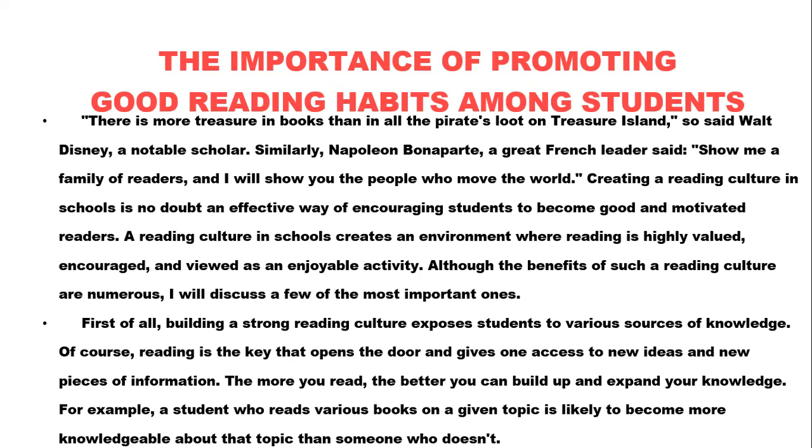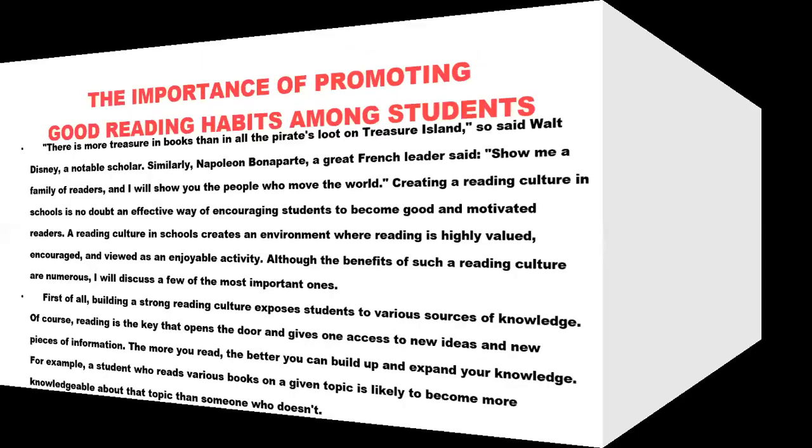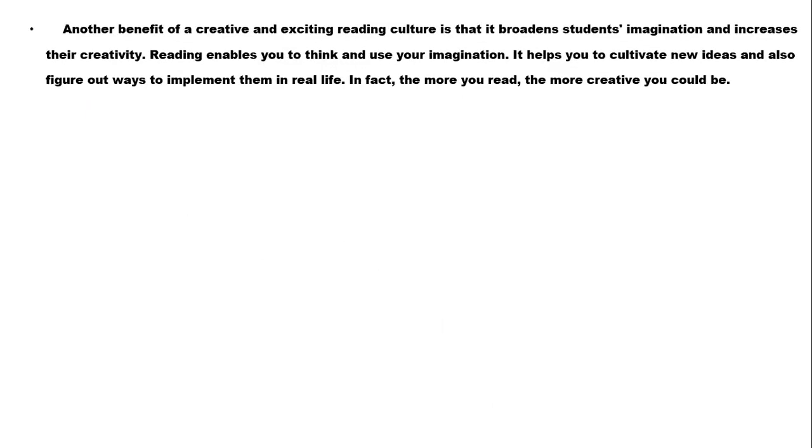Now, moving forward, let's move to the next paragraph, okay? And here we are taking our second point from the outline, and then we use it as a topic sentence. Let's look at how this has been done here.